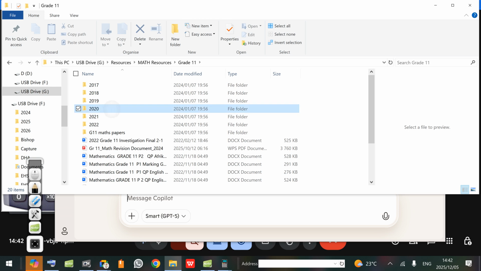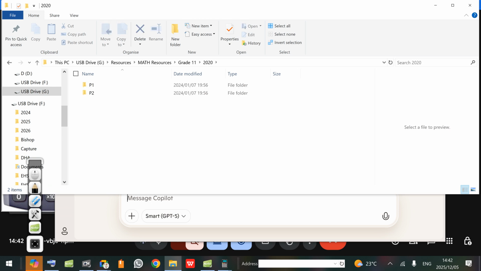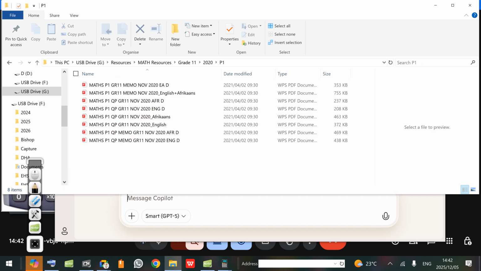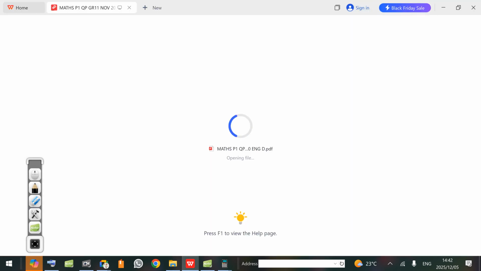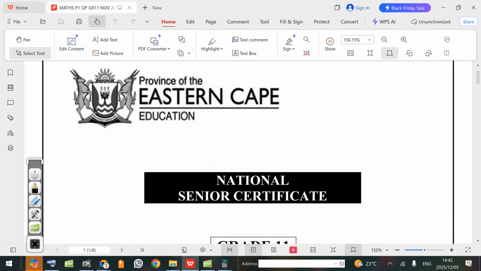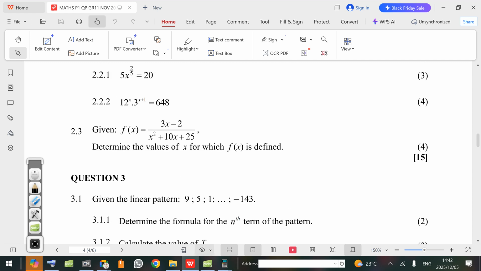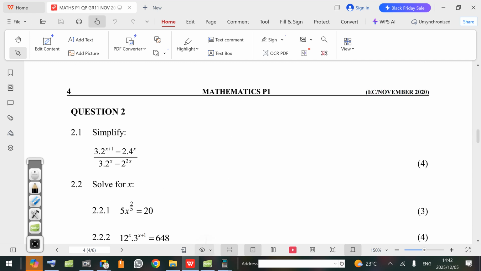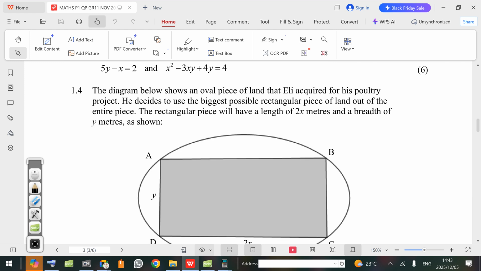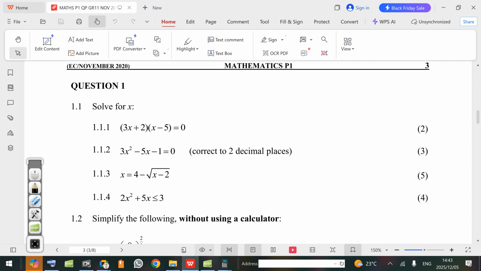I'm just going to pick a random paper. So the completing the square, sometimes you'll find it there, sometimes you won't. But I know there was one recent one where the examiner specified for us to do that, and I shared it on the group. So this is a grade 11 paper.